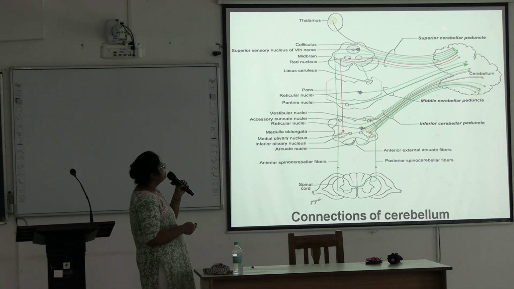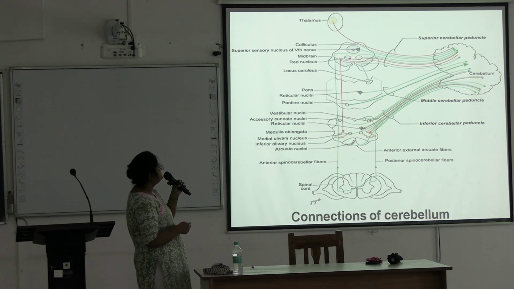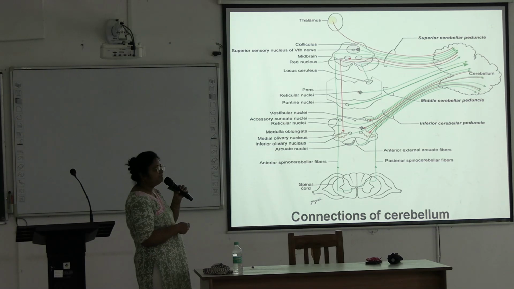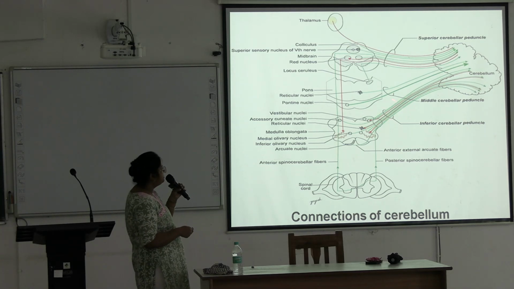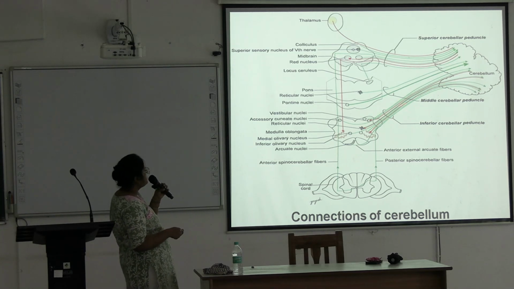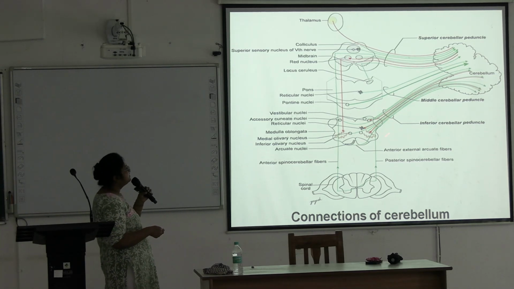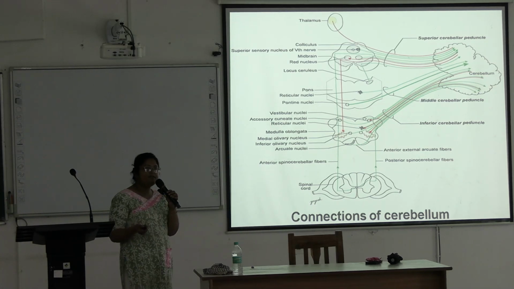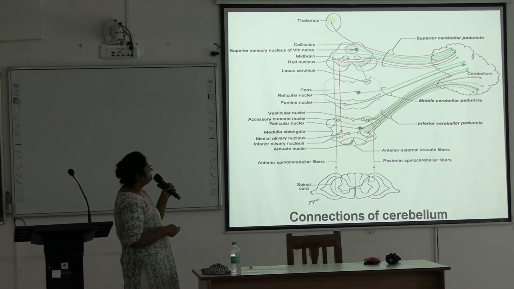This is the superior cerebellar peduncle connecting it with the midbrain, the middle cerebellar peduncle connecting with the pons, and the inferior cerebellar peduncle connecting with the medulla oblongata. The inferior one we have discussed. The green colored fibers are the afferents and the red ones are the efferents.